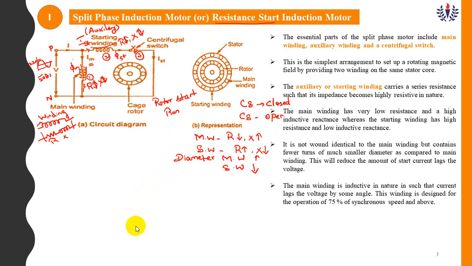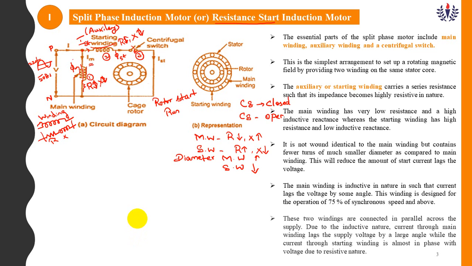And here the winding is designed for operation only up to 75% of synchronous speed. Since these two windings are connected in parallel with the supply, because of the inductive nature, the main winding lags the supply voltage by a large angle.